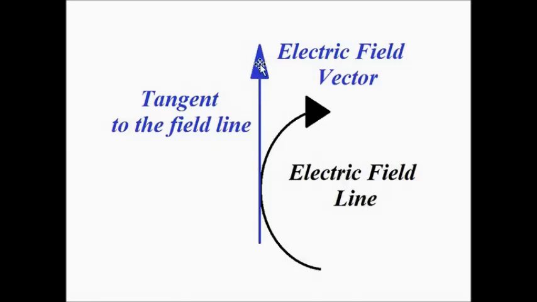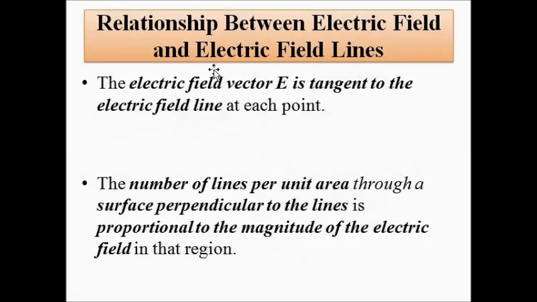As you can see, the electric field vector, this blue arrow, is tangent to this curved electric field line. So you can find the electric field vector at any point in the electric field just by drawing a tangent to the electric field line. This is the first property: the electric field vector is tangent to the electric field line at each point in space.